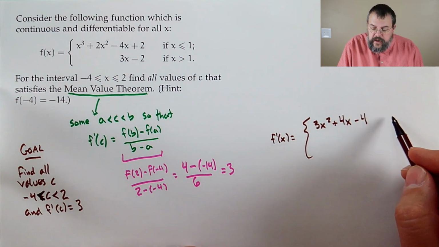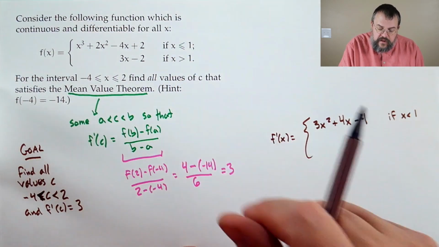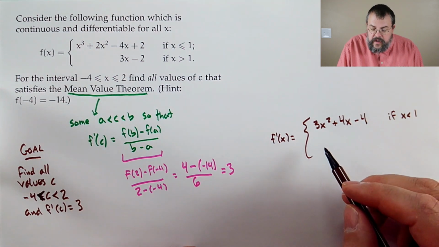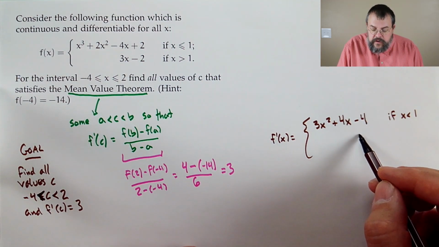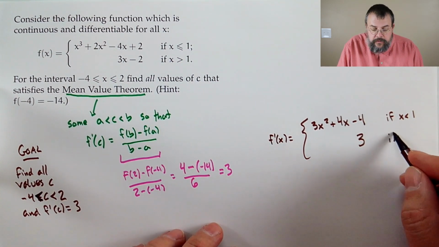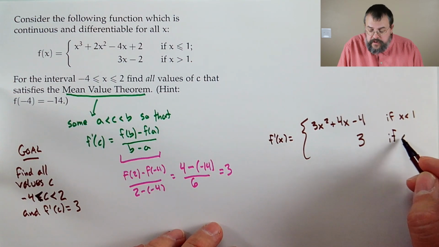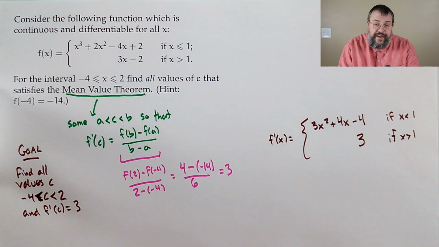Now that's if we're below 1. And I'm going to come back and visit the less than or equal to. And then the derivative of the second one is 3. Oh, that's good news. And that's if we are above 1.